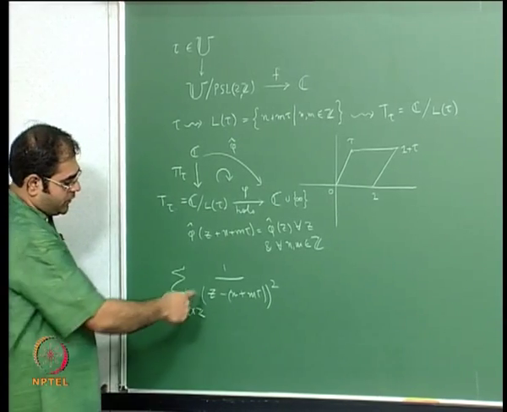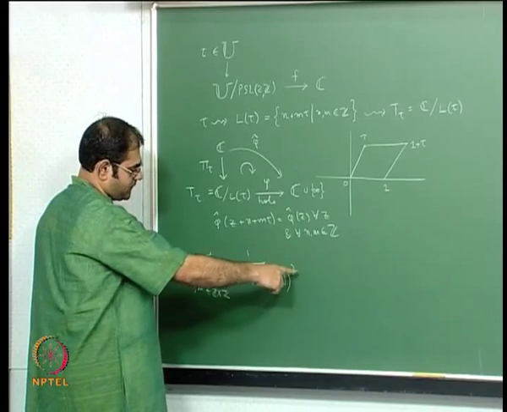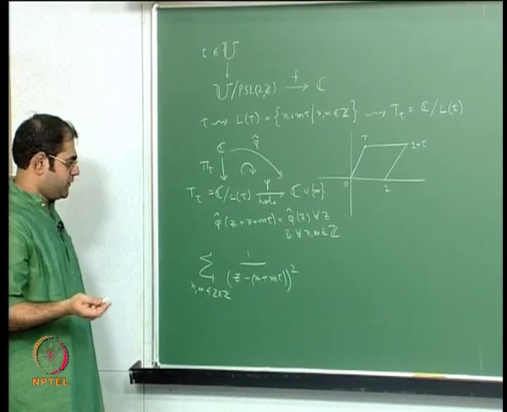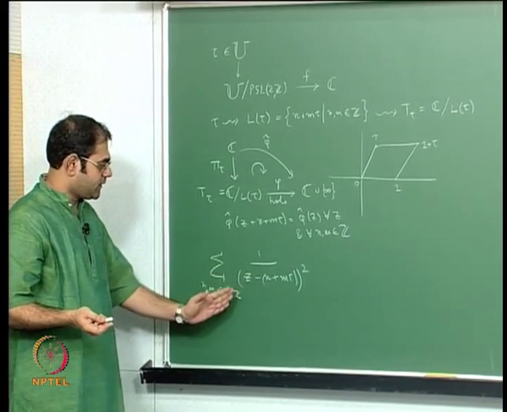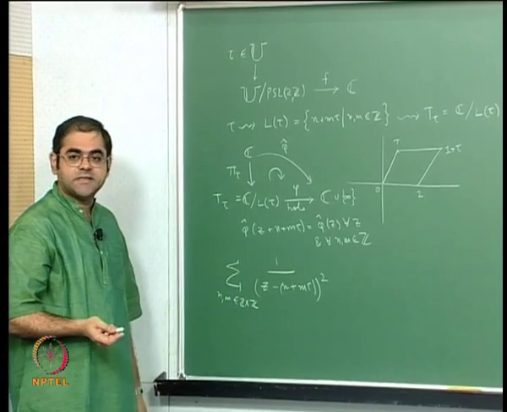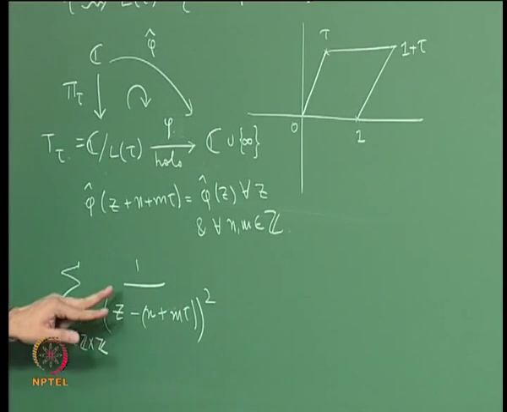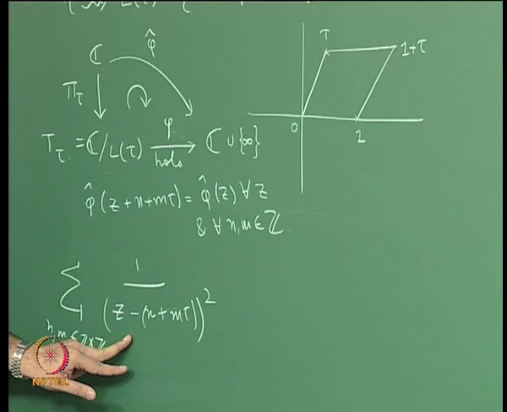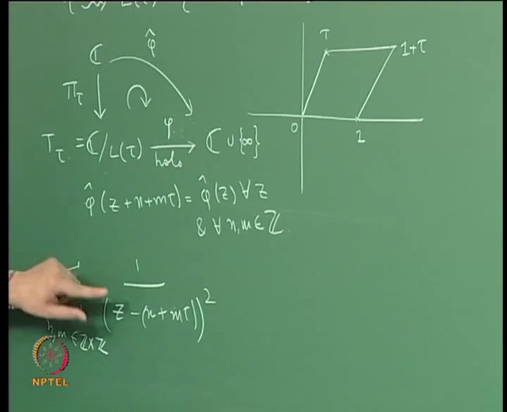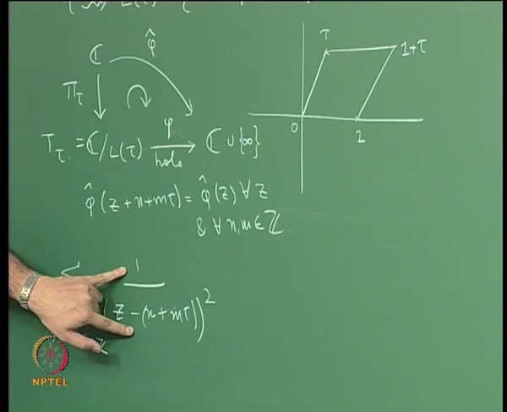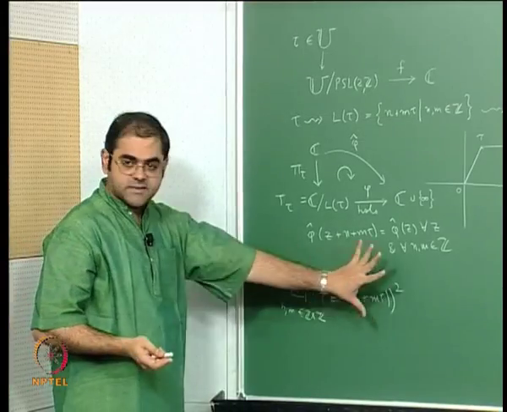So I get this double series, so to say, of meromorphic functions. Each term is in fact a rational function, and then I have this series.